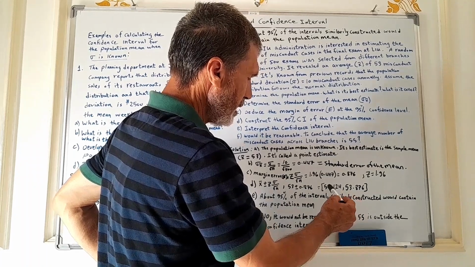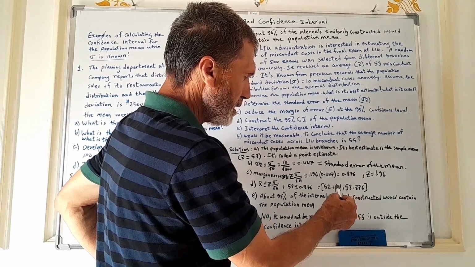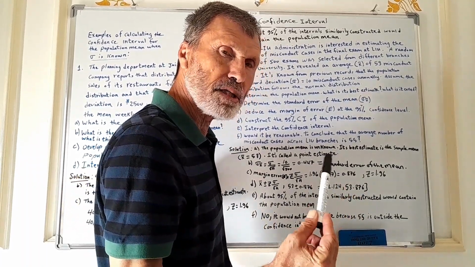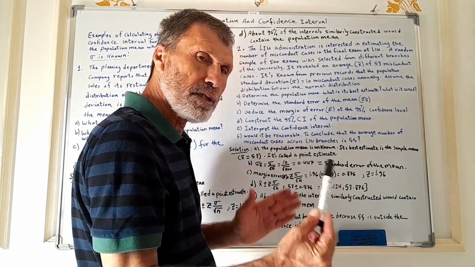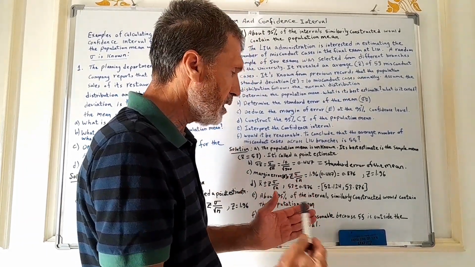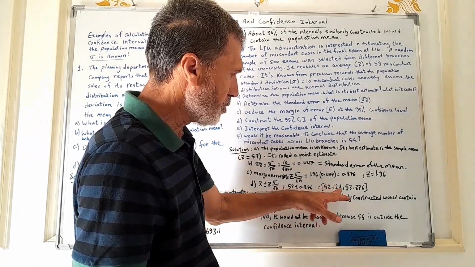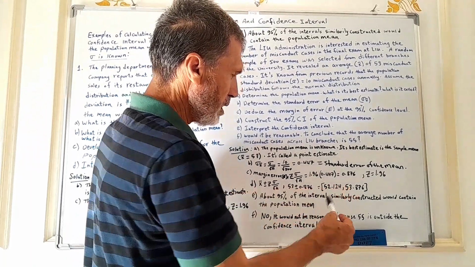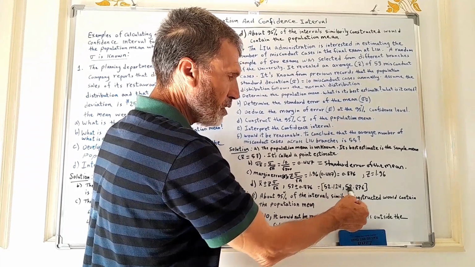So as you can see, the range of values that we expect the population mean to be within is from 52 to 53.